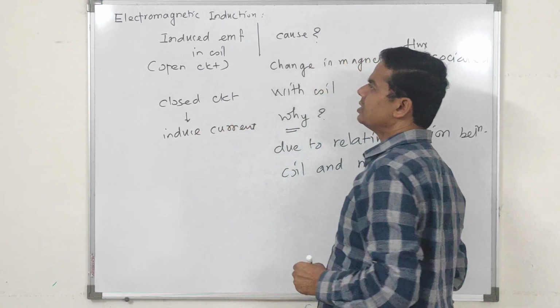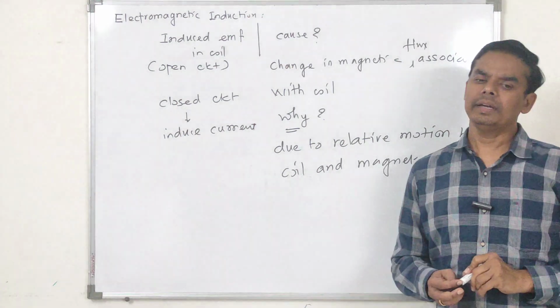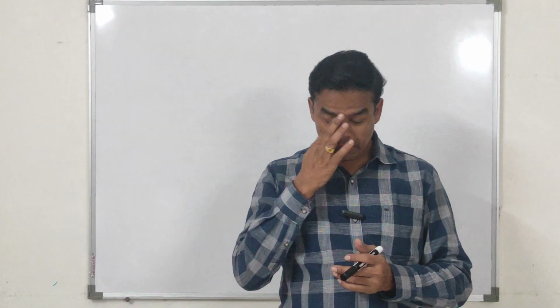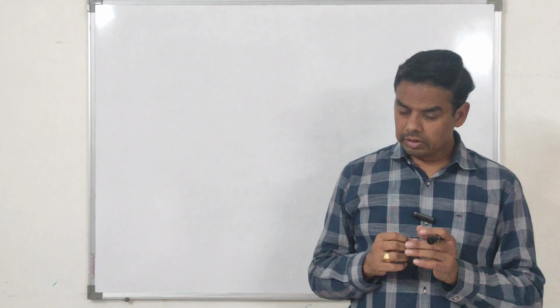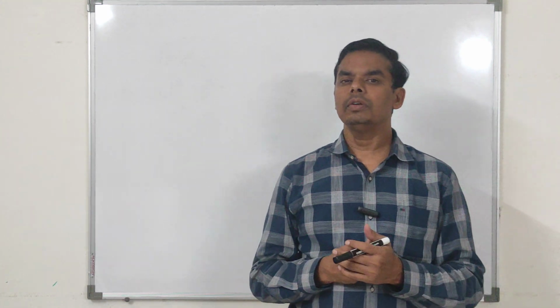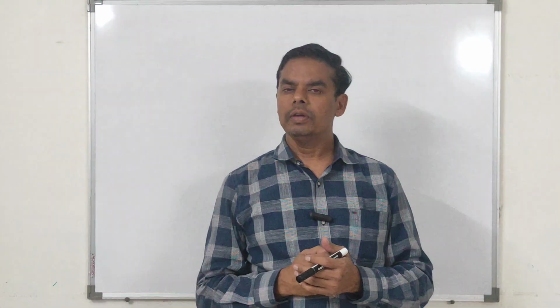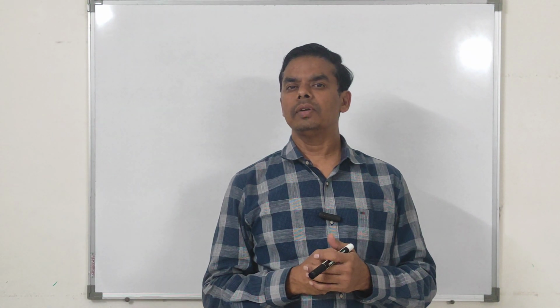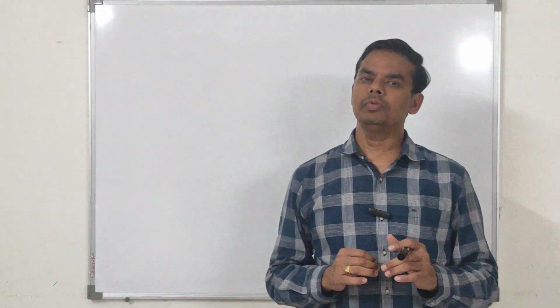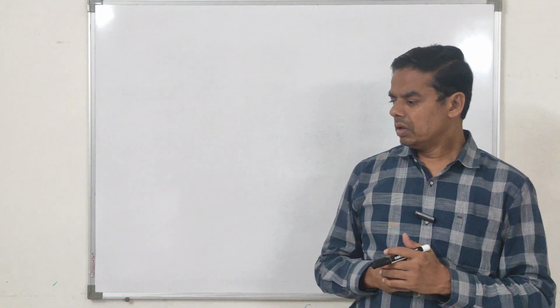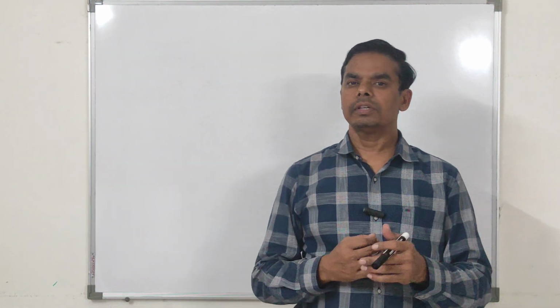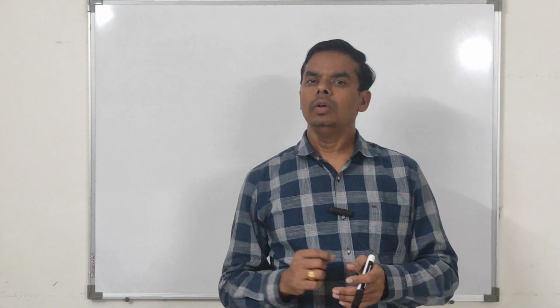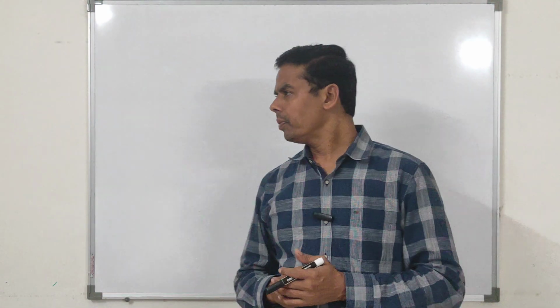This phenomenon is called electromagnetic induction. So my dear friends, electromagnetic induction is the phenomenon of induction of EMF in a coil due to change in magnetic flux associated with the coil due to relative motion between coil and magnet. I am repeating this statement again and again; you can make a note of this in your notebook.